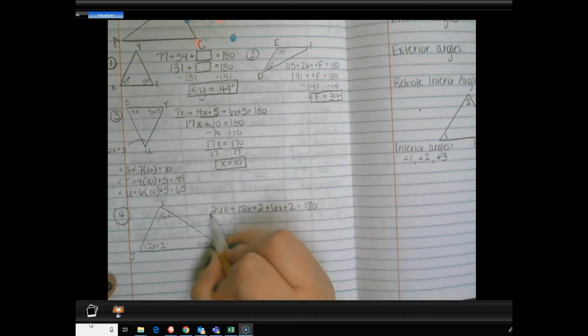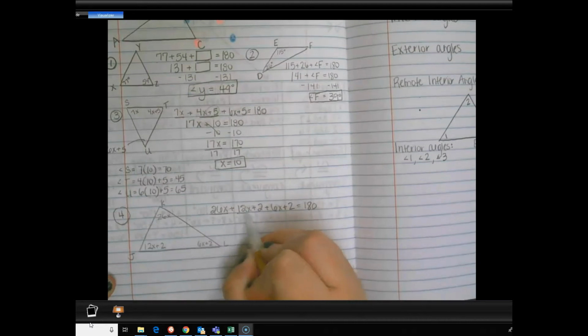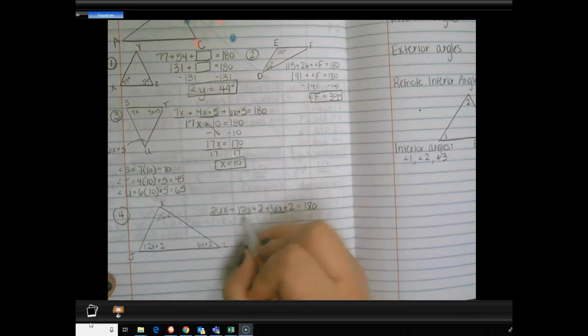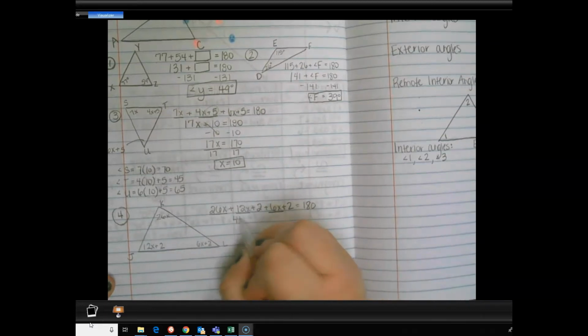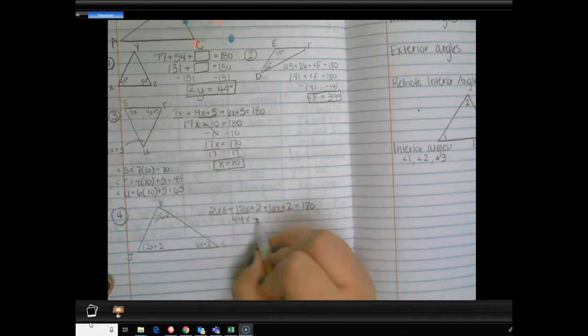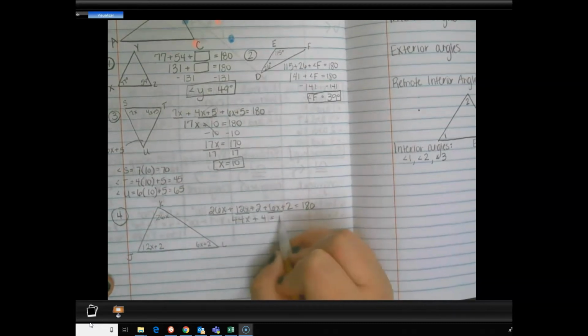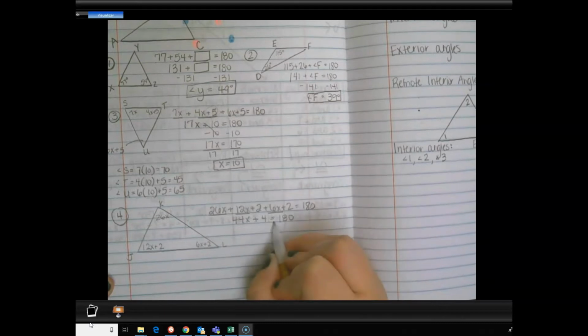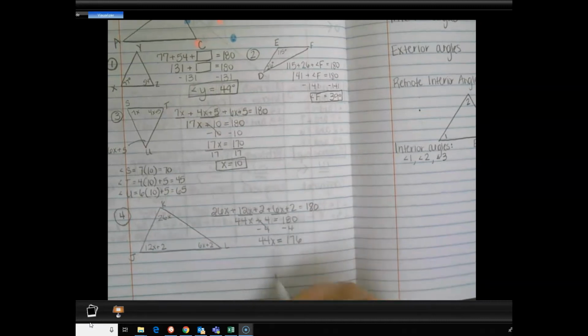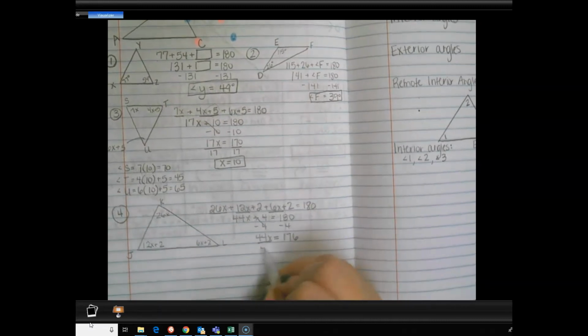Combine my like terms of 26x plus 12x, which is 38, plus 6, which is 44, so 44x, and then I have 2 and 2, so plus 4, which is 180. So I'm going to subtract 4 from both sides. This cancels, leaving me with 44x equals 180 minus 4, which is 176. We're going to divide both sides by 44.